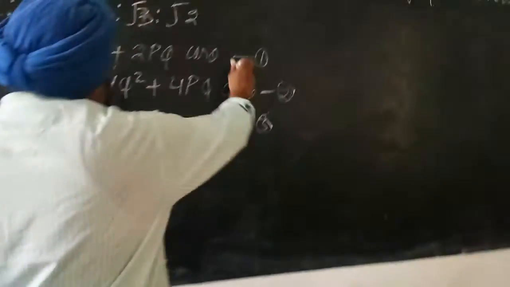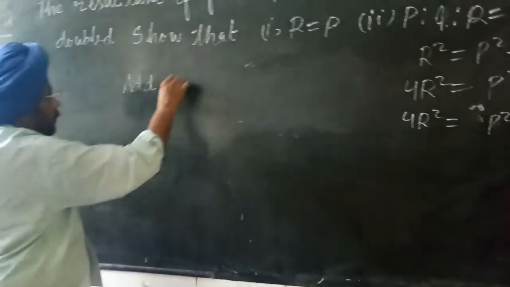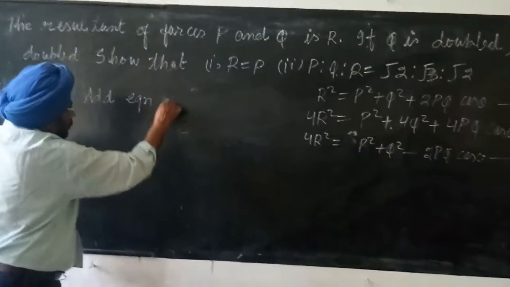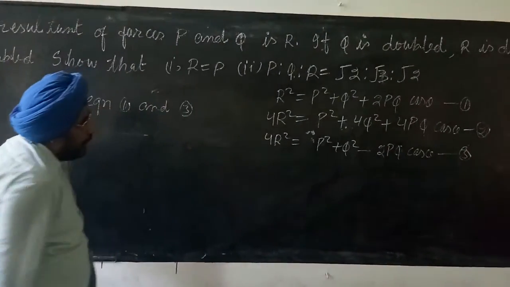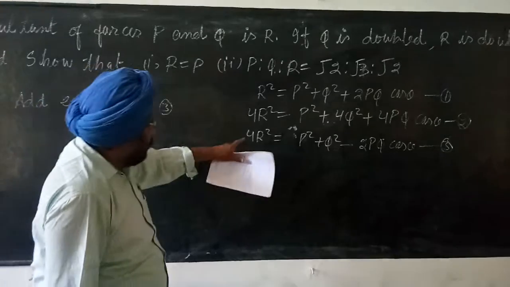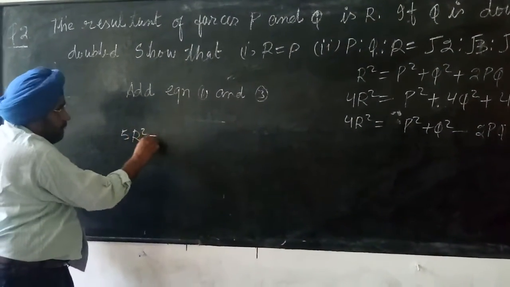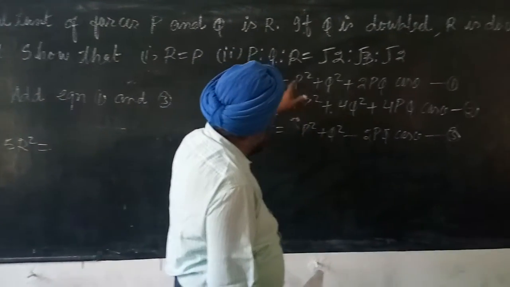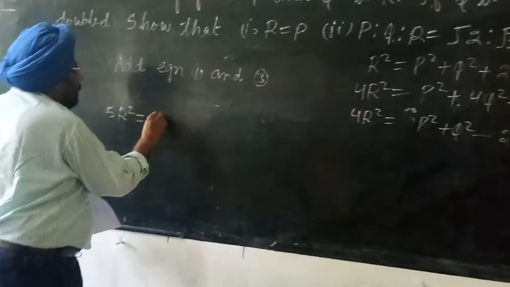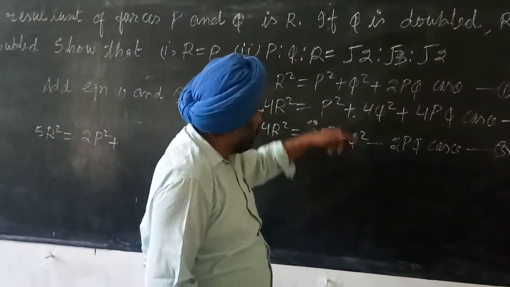Now add equations 1 and 3. Then we get 5R square is equal to 2P square plus 2Q square.